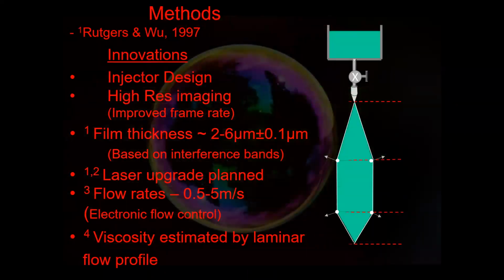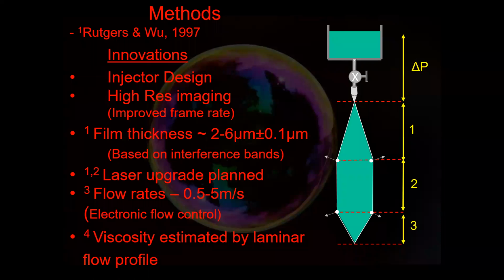I did not invent the method that we actually used. I put together a machine originally, as I said, a long time ago, based on the methods of Rutgers and Wu from 1997. I have made quite a few innovations, though, as time has gone on. Our injector is significantly improved with the lines running through the nozzle, and it is machined as such.